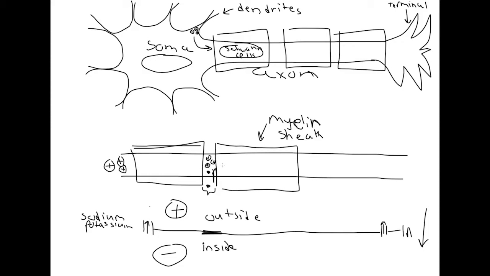And that way, your charge never dissipates. Your charge just keeps getting refilled every time there's a break between a myelin sheath, right? So this charge is going to lose some energy as it goes across the myelin sheath, and then it will be recharged at this node of Ranvier.